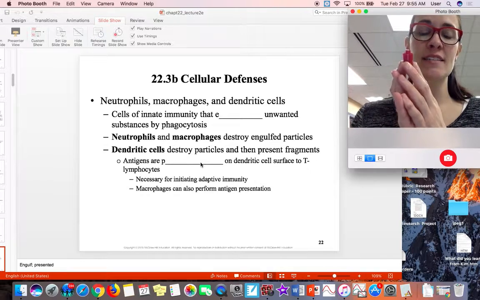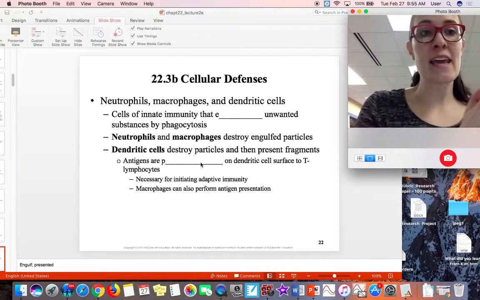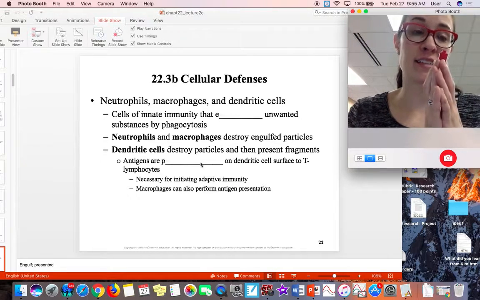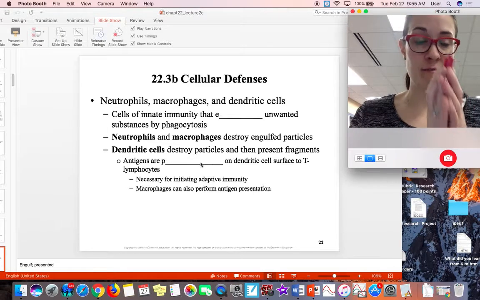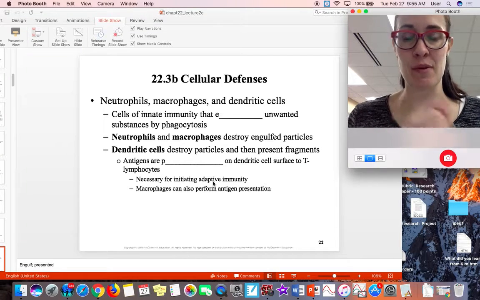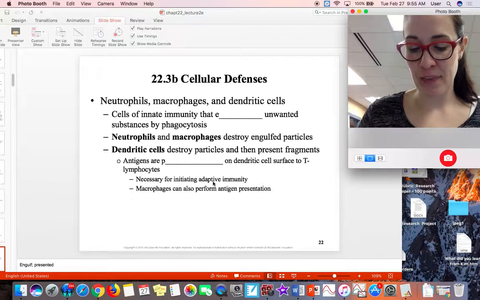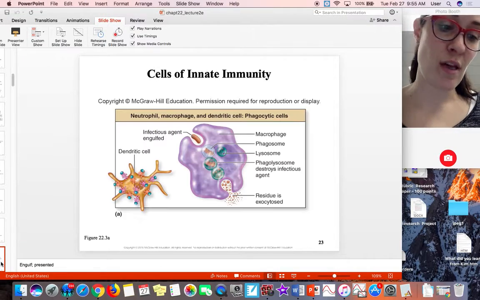And that dendritic cell will then become what's called an antigen-presenting cell. It will take it to the lymphatic system, find a T lymphocyte, and say, look what I found. And it will activate that T lymphocyte into the specific immune system, the adaptive immune system. And side note, macrophages can also do that job.